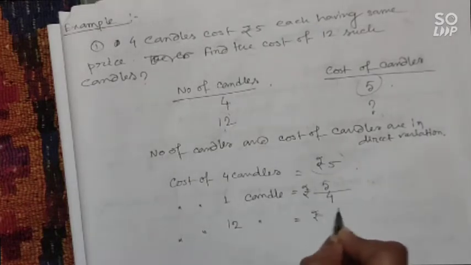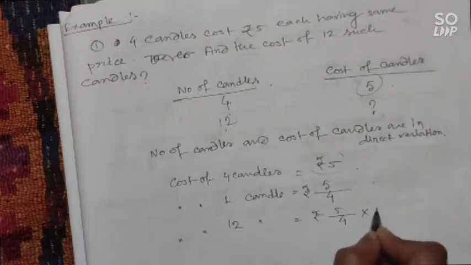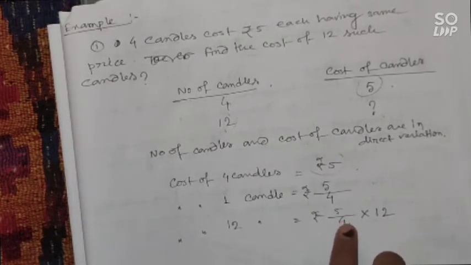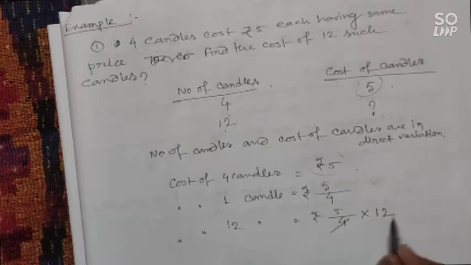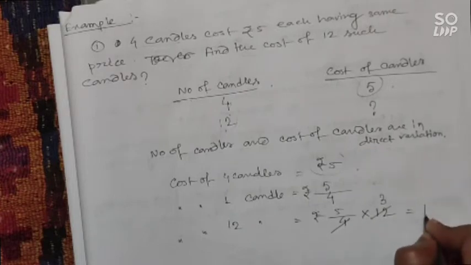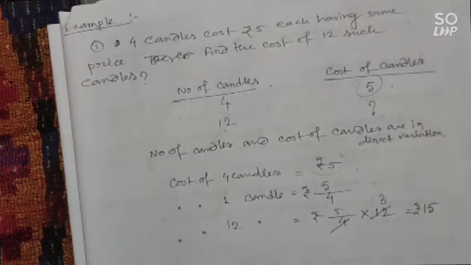In this case you have to do multiplication. This is how you can solve a problem. 5 by 4 into 12. 4 3s are 12, 5 3s are 15 rupees. So number of candles and cost of candles are in direct variation.